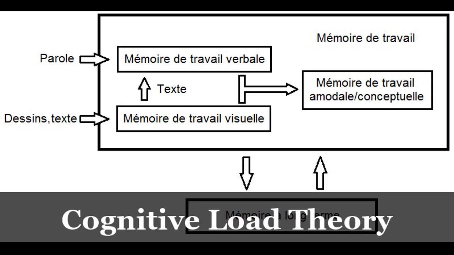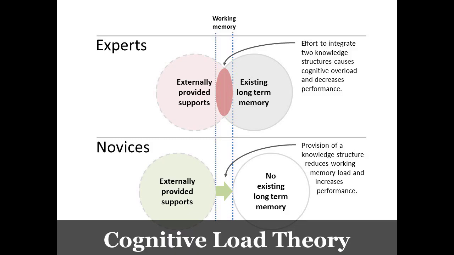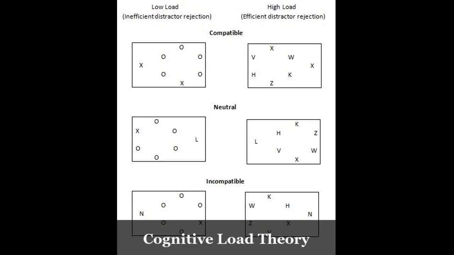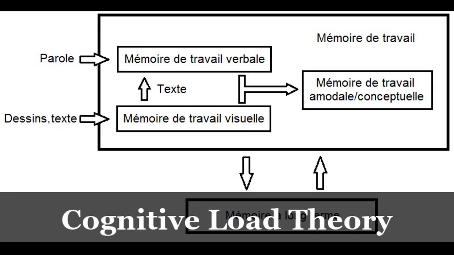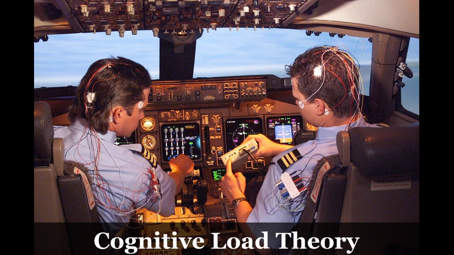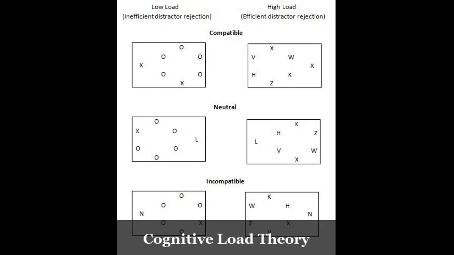As we delve deeper into the intricacies of cognitive load theory, it's essential to explore how our brains process information under various conditions. One crucial aspect is the distinction between intrinsic, extraneous, and germane cognitive load. Intrinsic cognitive load refers to the inherent difficulty of the material being learned, while extraneous cognitive load is imposed by the way information is presented, such as confusing instructions or poor layout.